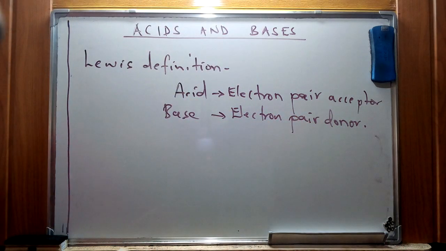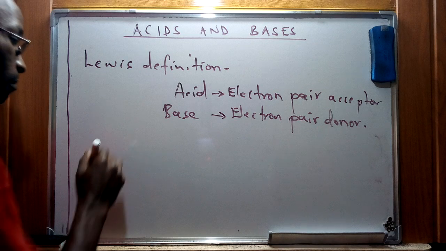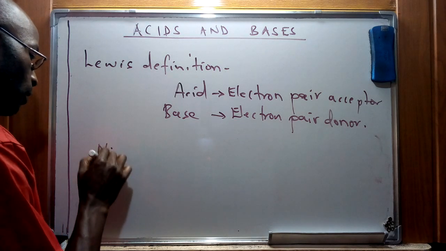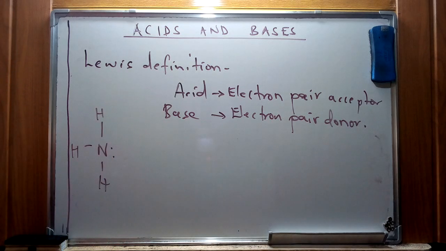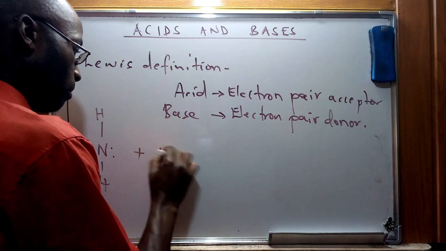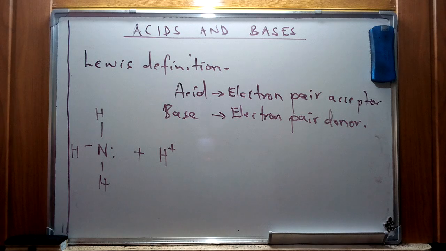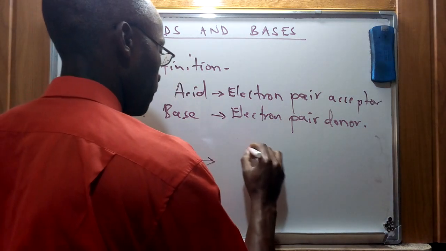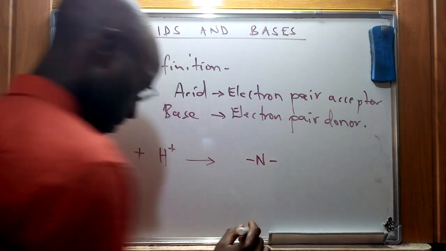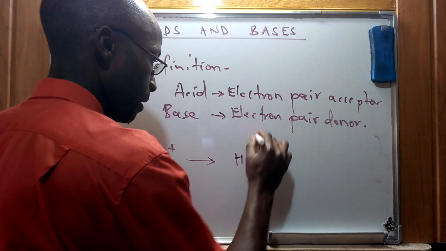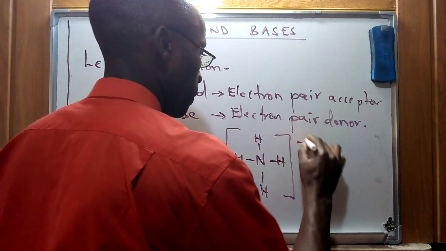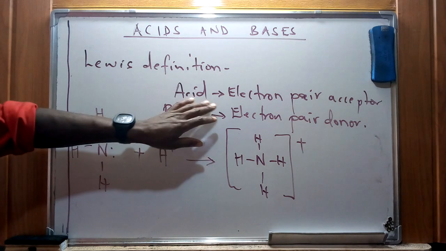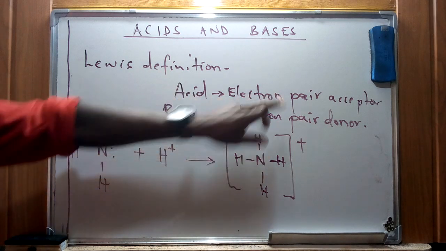And if we consider the case of a substance like ammonia that is going to react with a proton or an acidic substance or a Lewis acid, this is going to form an ammonium ion, which is NH4 positive. Then if we try to consider from this particular case, a Lewis acid is an electron pair acceptor.